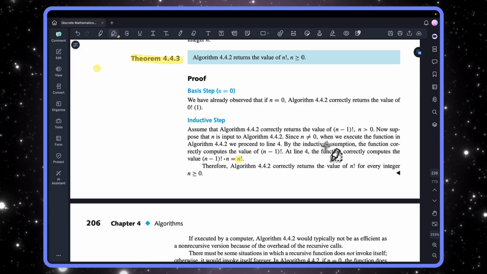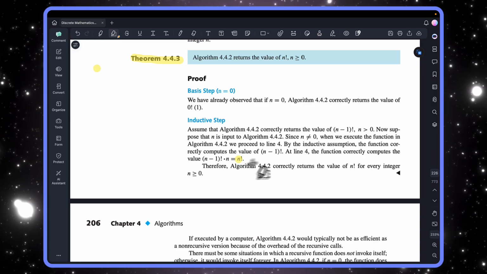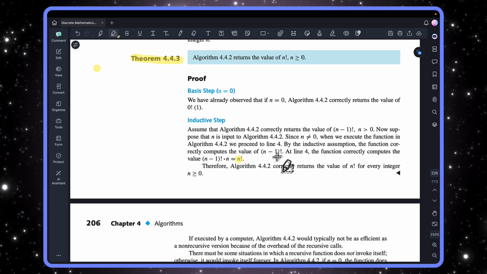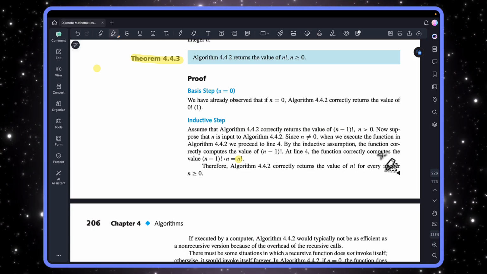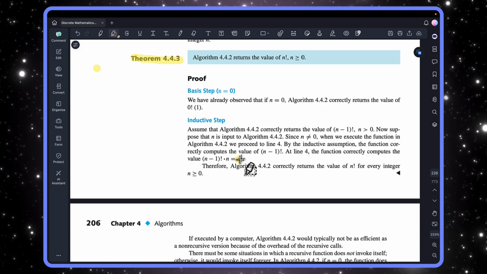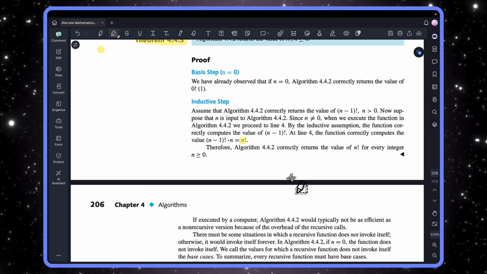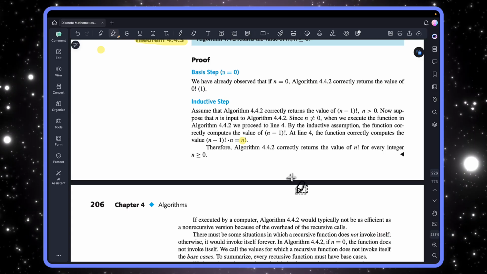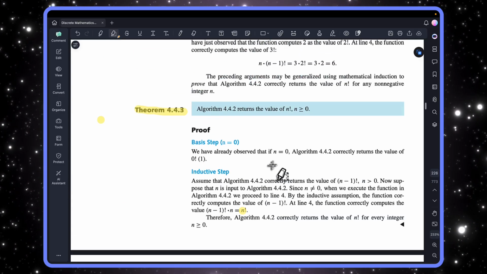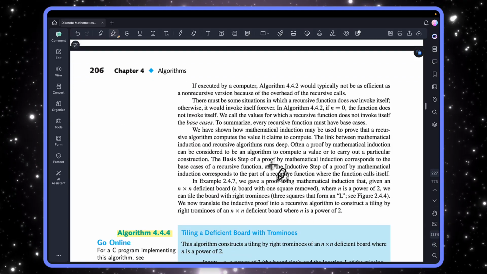By our assumption, that is accurate. So at line 4, the function correctly computes the value n minus 1 factorial times n, which is n factorial. Therefore, this algorithm correctly returns the value of n factorial for every integer n greater than 0. So you kind of get your head around how that's happening.